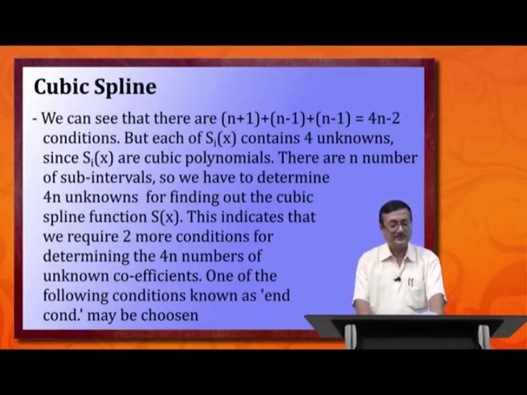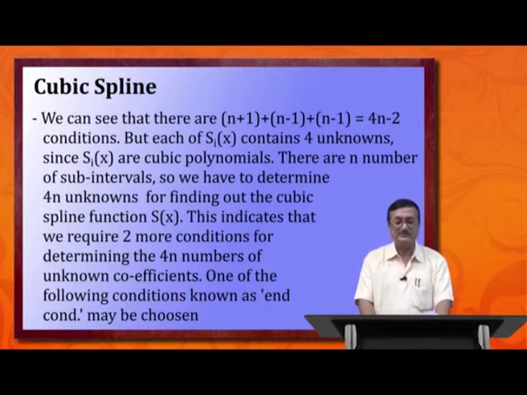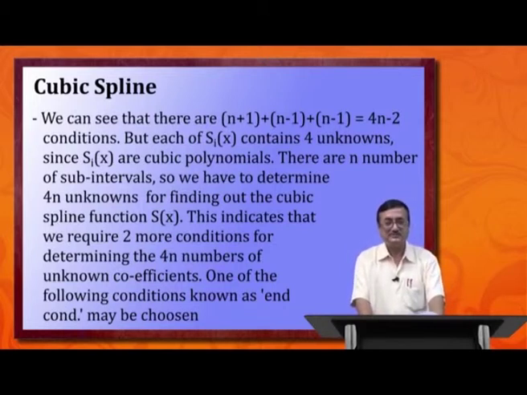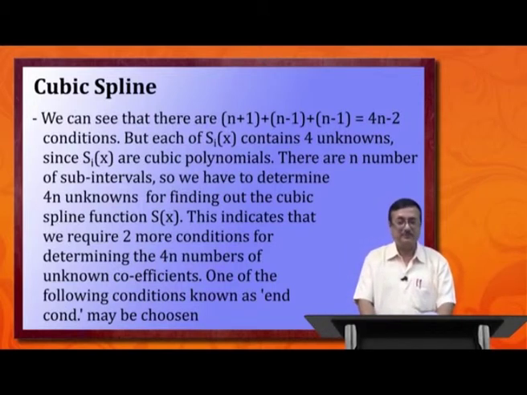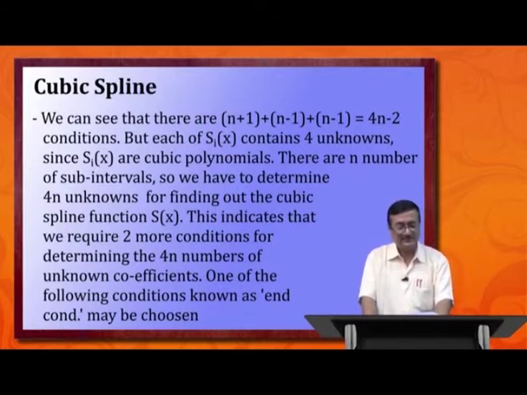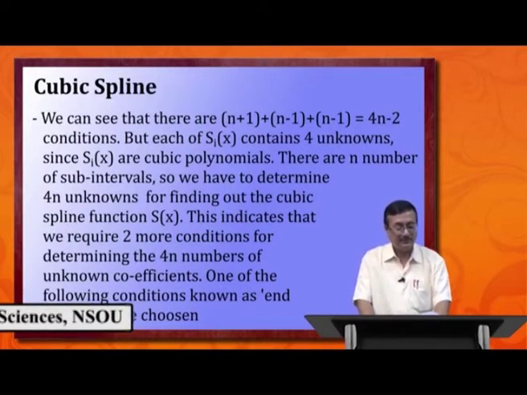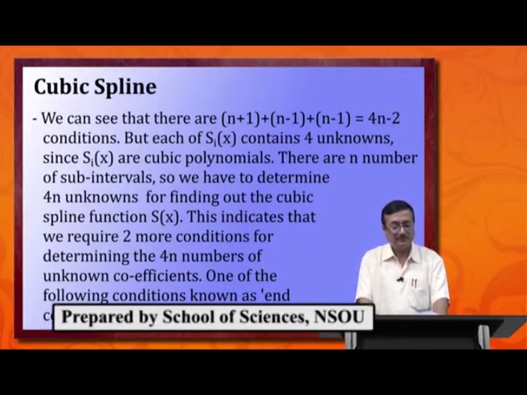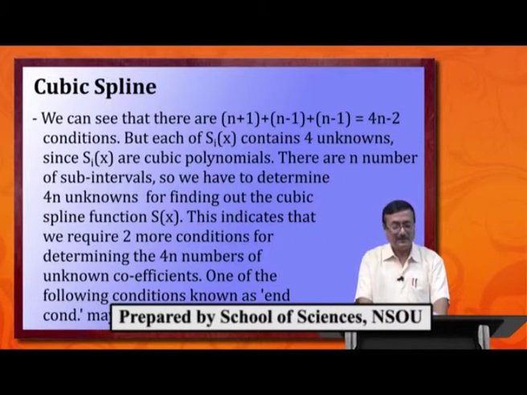But note that each of the Si(x) contains 4 unknowns. Since the Si's are cubic polynomials, each involves 4 unknown coefficients. There are n subintervals, so we have to determine altogether 4n unknowns for finding out the cubic spline function S(x).